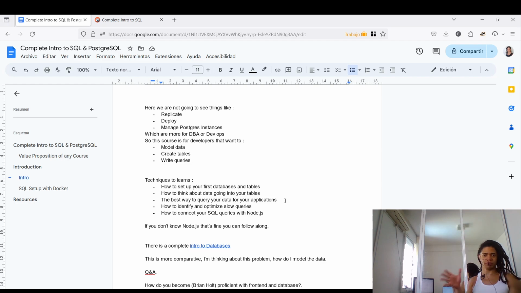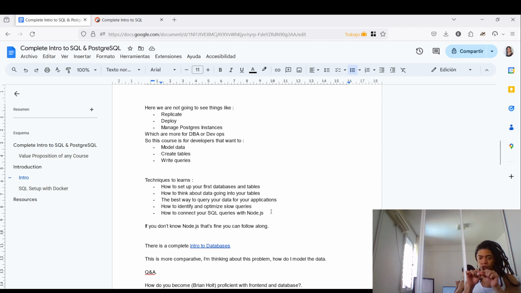So here we're going to learn these techniques: how to set up a database and tables, how to think about data going into tables, how they're filling in here. The best way to query your data for your application, important.